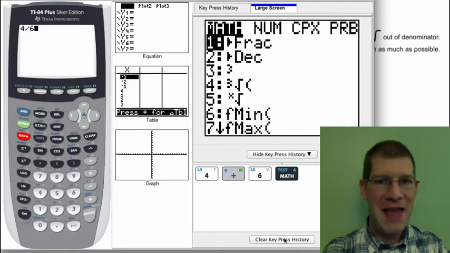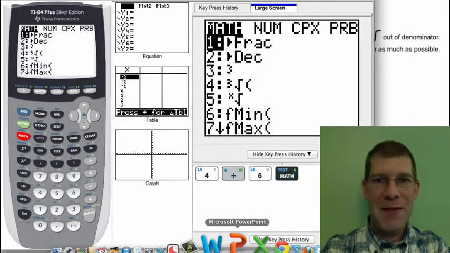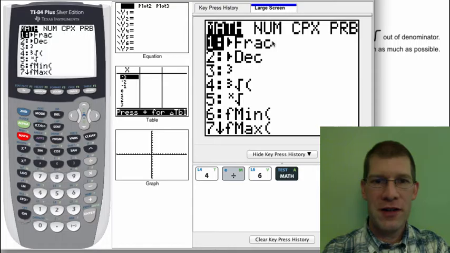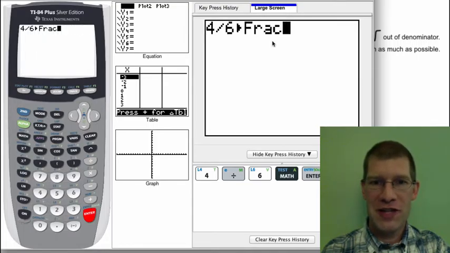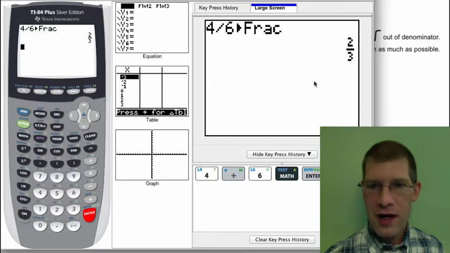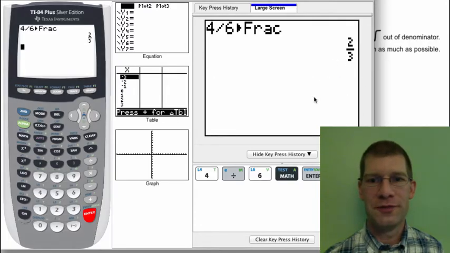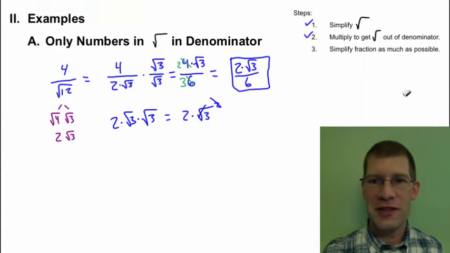And if you press your math button, which is over on the left side, your top option, number 1 there, says change it into a fraction. So press enter to select number 1, and it'll give you the 2/3. With the older operating systems, it'll actually write it this way. For your answer, it'll say 2 divided by 3. But that is an option that'll get you reducing a little bit easier.